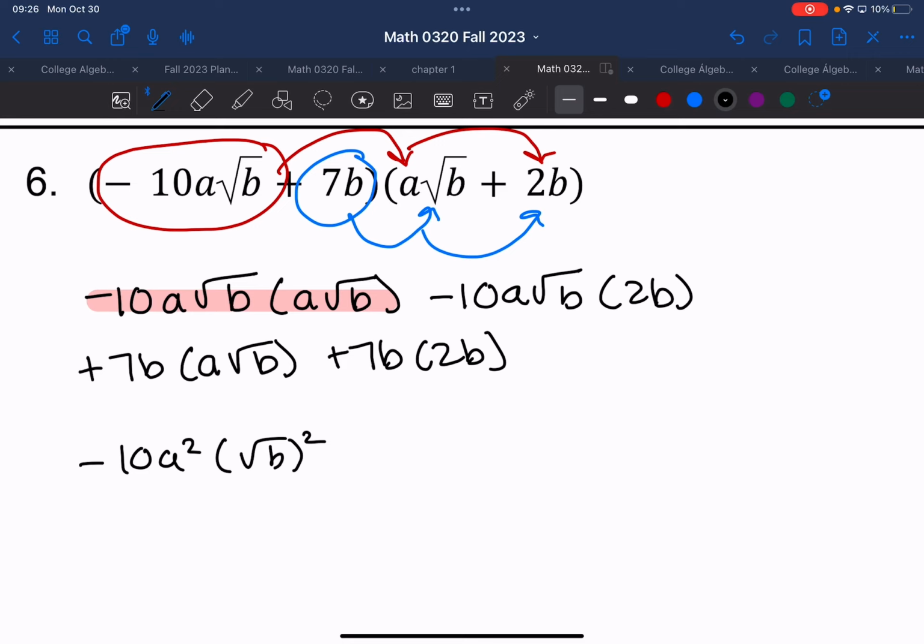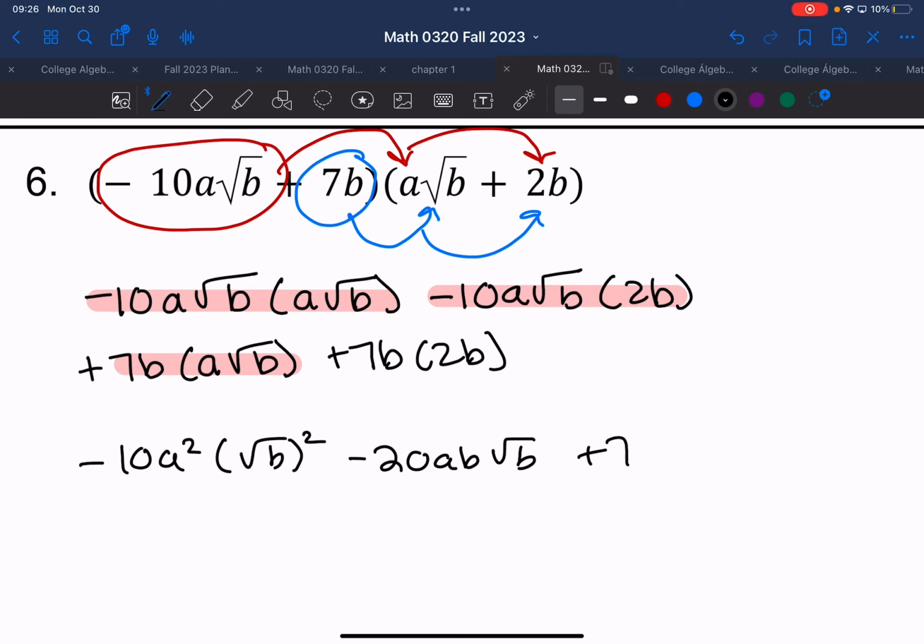On the next one, since it does not have that square root, that 2b is being multiplied by that negative 10a. So we have negative 20ab square roots of b. In the next part, we're doing 7b times the a because it's on the outside, and we're left with just that square root of b.